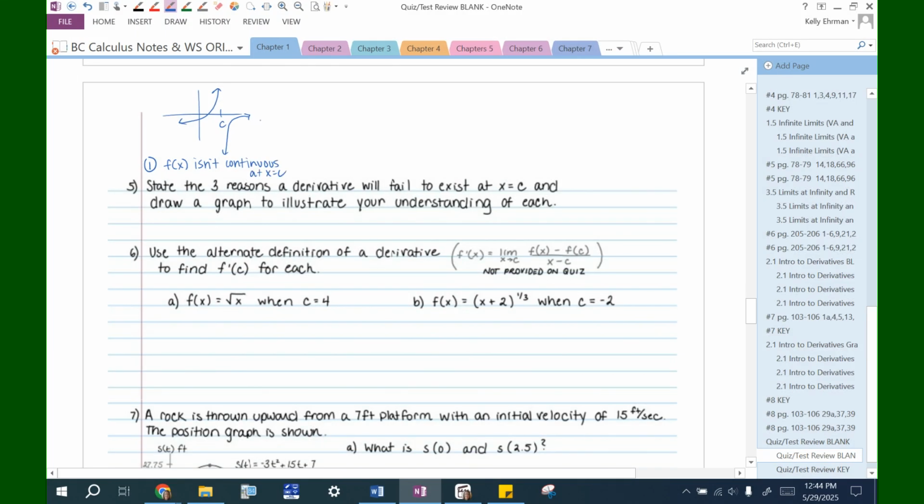So that could be unbounded, or that could be a jump in the graph, something like that. Or that could be where the limit exists, but the f of c point is something different, like this.